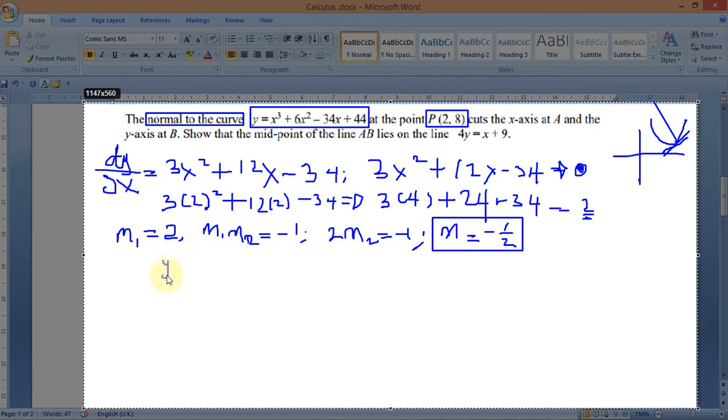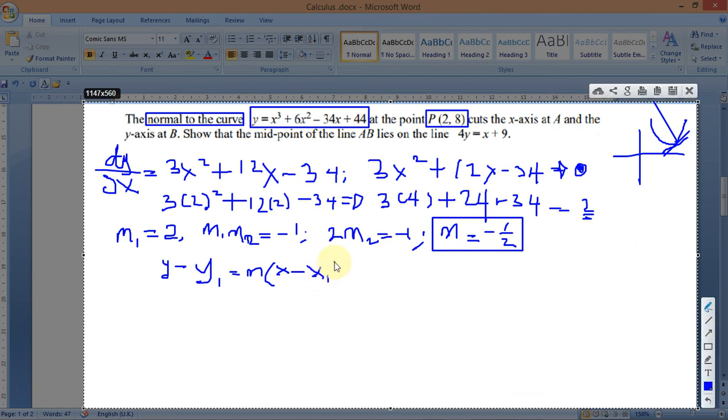Generally, the equation is given by y minus y1 equals m into x minus x1, where m here is minus 1 over 2. Let me complete this now. So y minus y1.